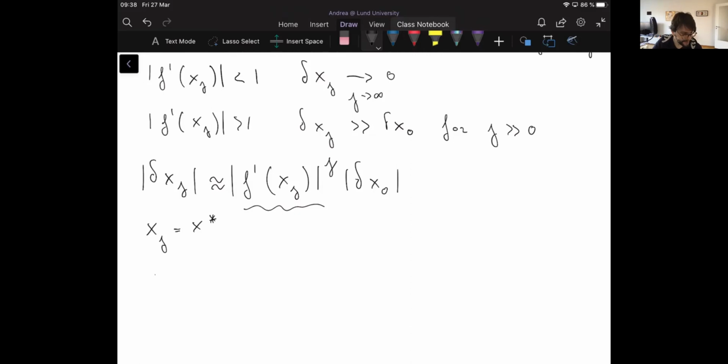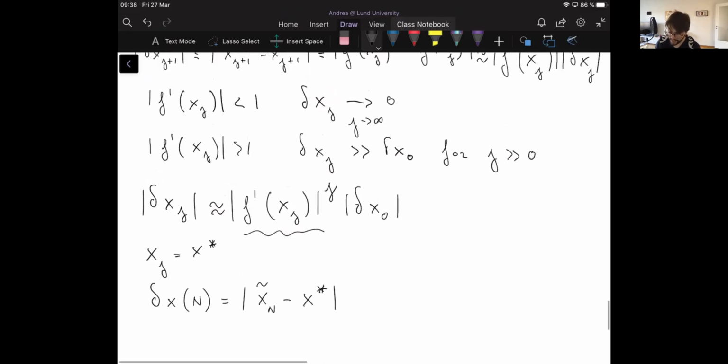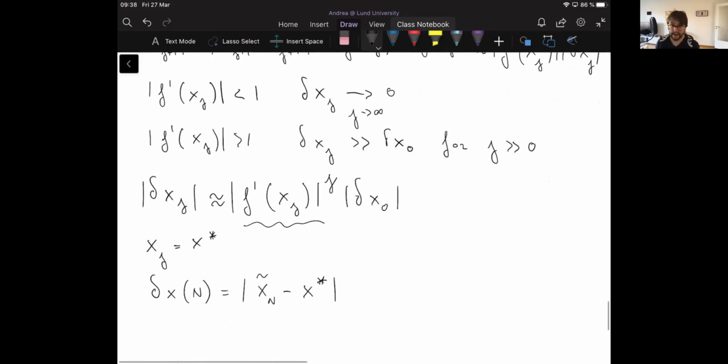So delta x of n is equal to x tilde of n minus the position of the fixed point. I will pick x tilde at time 0 slightly away from the fixed point, and calculate how this difference evolves.